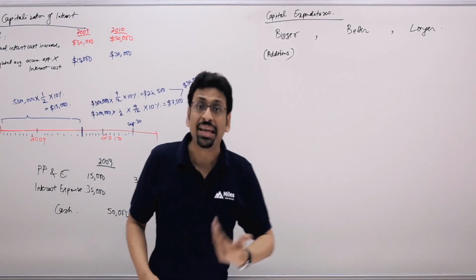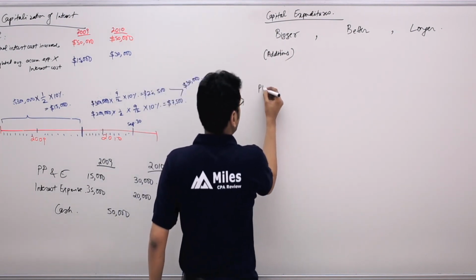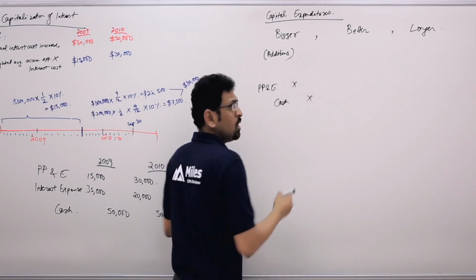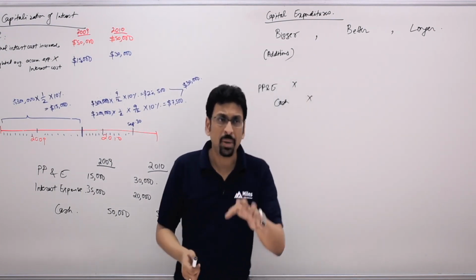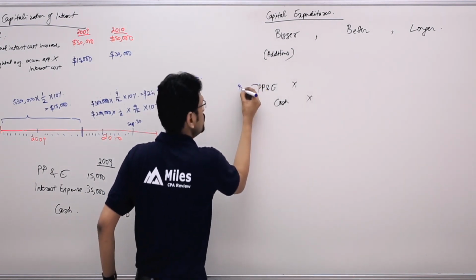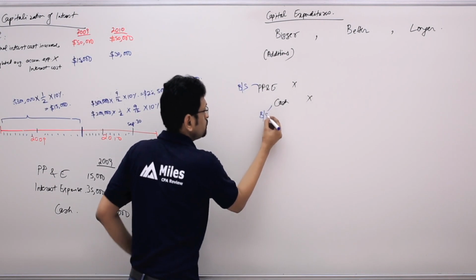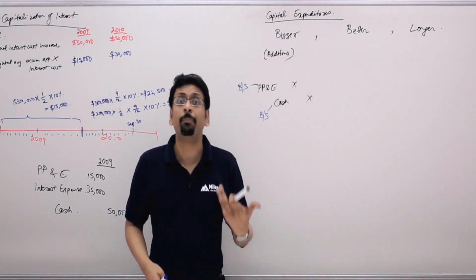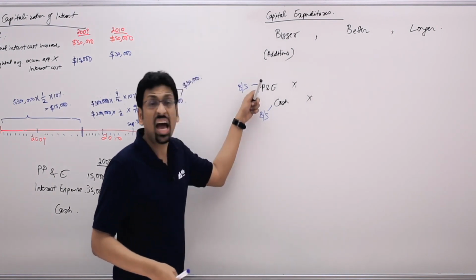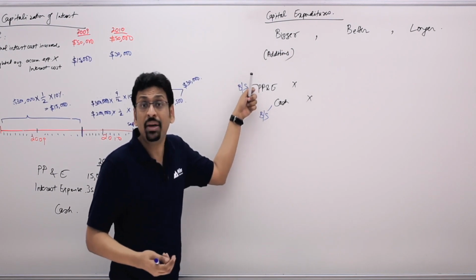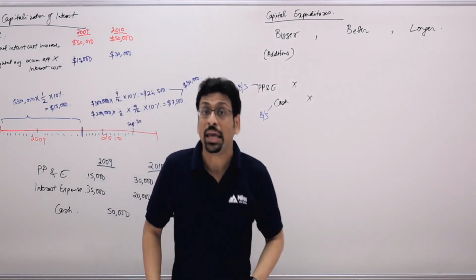So the journal entry in this case would be PP&E to cash. Guys, think about it. PP&E to cash. So your PP&E here, this goes into your balance sheet. Now, if this was a normal, a recurring repair and maintenance, you would have debited expense, repairs and maintenance expense. Repairs and maintenance expense, that would have gone to your income statement.